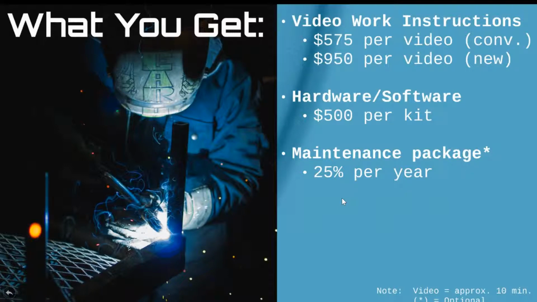After a year, you have the option to renew your maintenance package or not. This is one of the biggest values that we offer to customers, because keeping your work instructions up to date can be cumbersome and can be a nightmare. Within 24 hours of getting the revised footage of what part of the process changed, we will provide to you the edited and up-to-date work instruction.